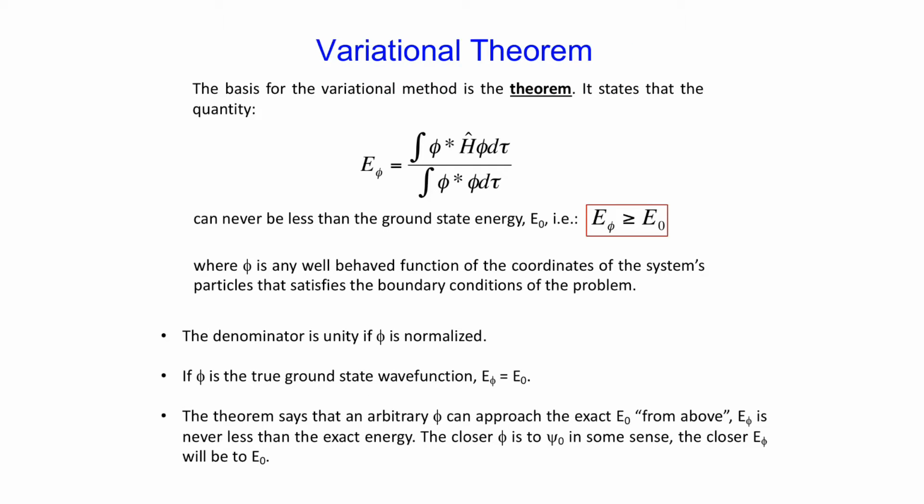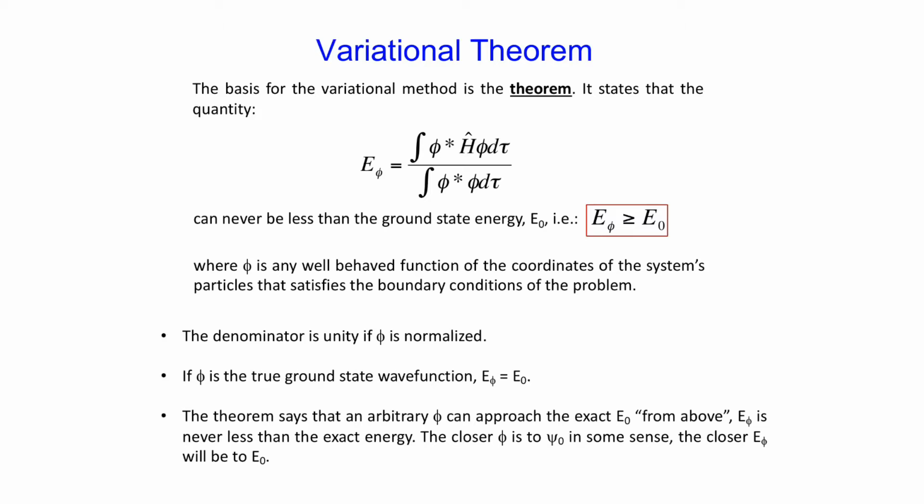So the basis for our variational method is the variational theorem. It's basically a mathematical statement that is the integral of what we call our trial function. So phi represents some function that we have devised that we think represents our system pretty well.